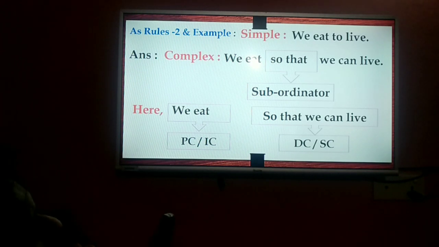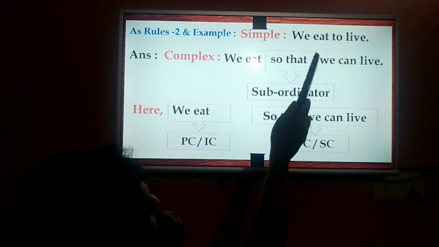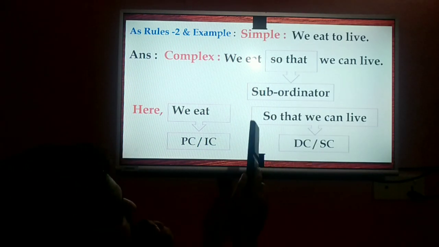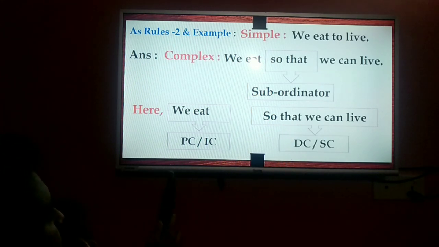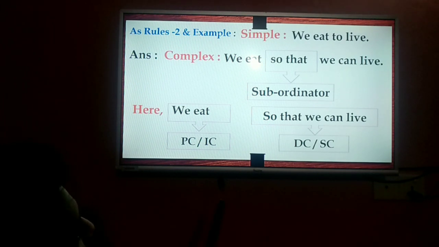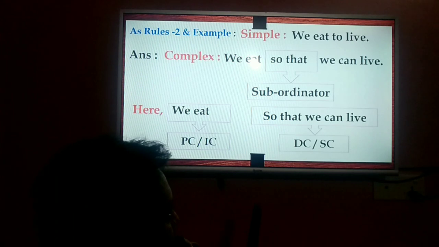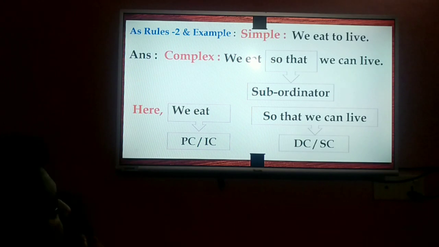Here we use so that in place of to, and so that is called the subordinate term. We eat is the principal clause or independent clause. So that we can live is the dependent clause or subordinate clause. Okay? Hope all understand my lecture.